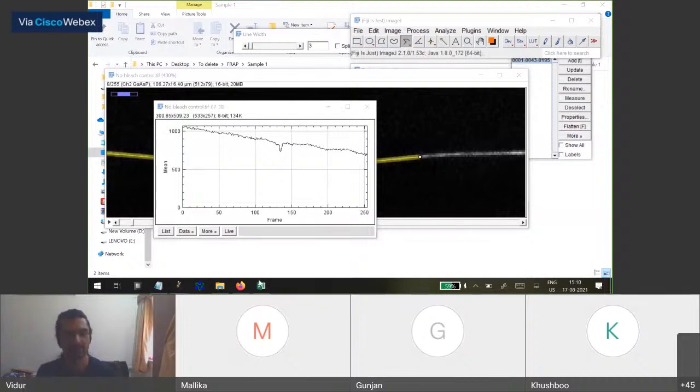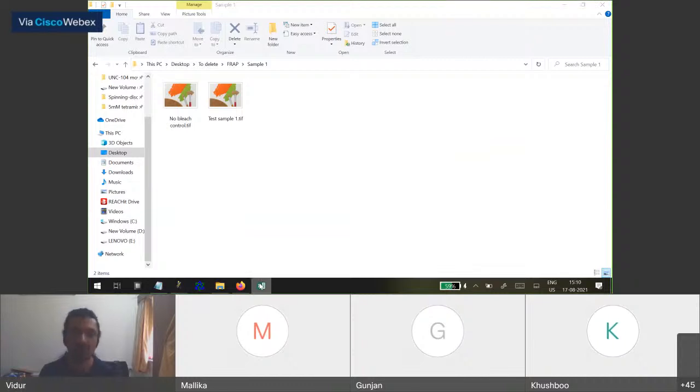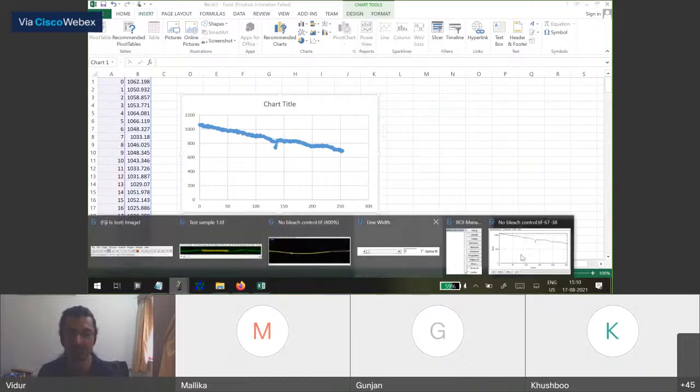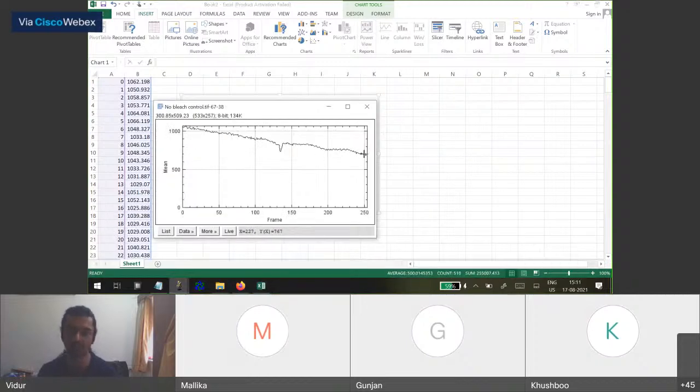Okay, so going on, and why is it required? Why it's required is to just check whether your acquisition photo bleaching is greater than 50% or not. So this is a quick and dirty way to check if whatever you're imaging is within bounds for FRAP.